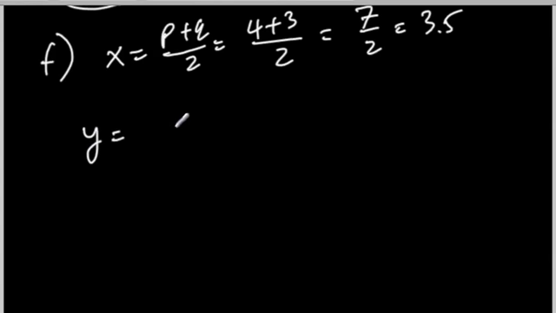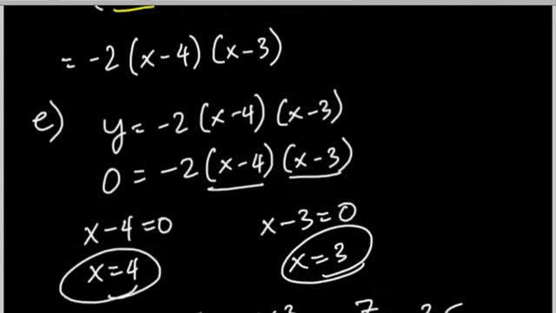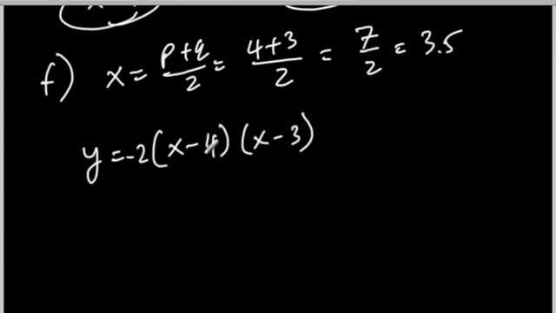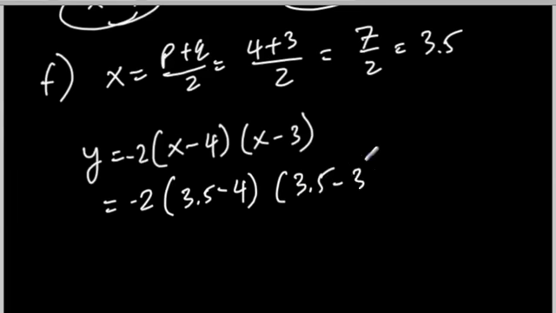The y-coordinate will be, it's simply negative 2, x minus 4, x minus 3. Is that negative 2? I'm pretty sure it was negative 2. Yes, it was negative 2. So what we have to do now is just take our x-coordinate and plug it in right here. So it's negative 2, 3.5 minus 4, and 3.5 minus 3.